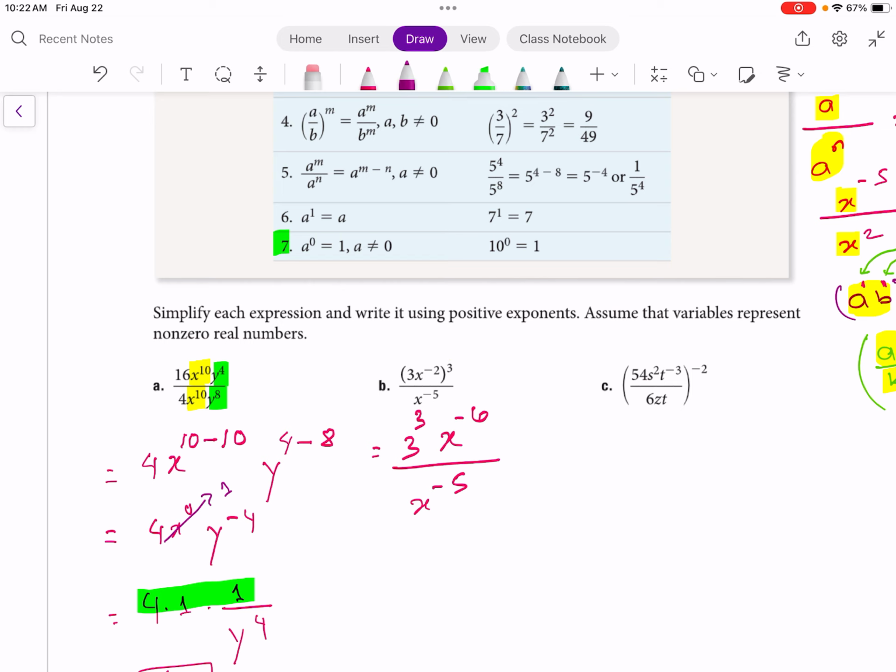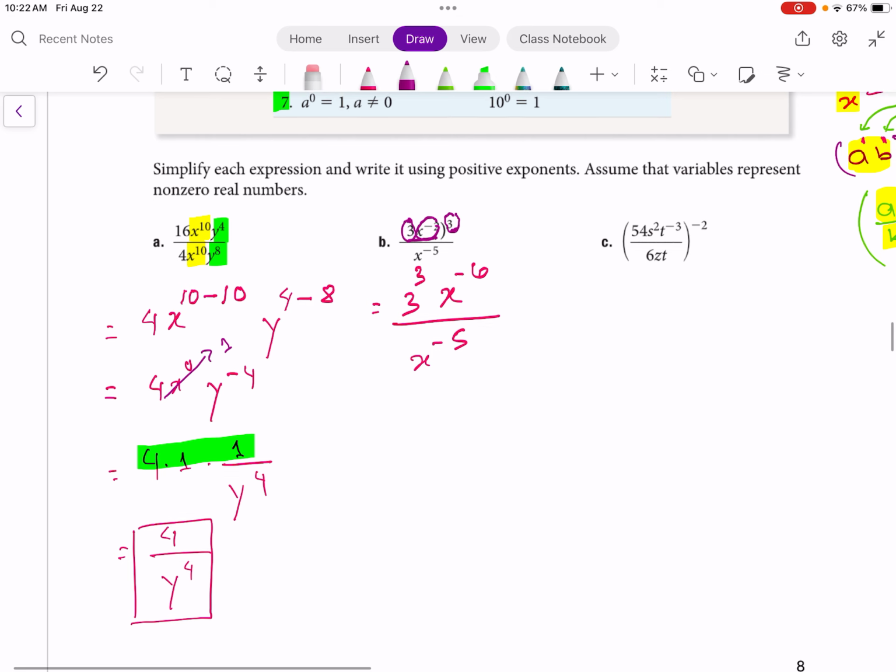Now we have a parenthesis here, so this exponent 3 is for every term inside this parenthesis. Let me write this down. We have (3x to the power minus 2) to the power 3. Can you tell me what is the exponent for 3? If it's nothing, it's always 1, right?